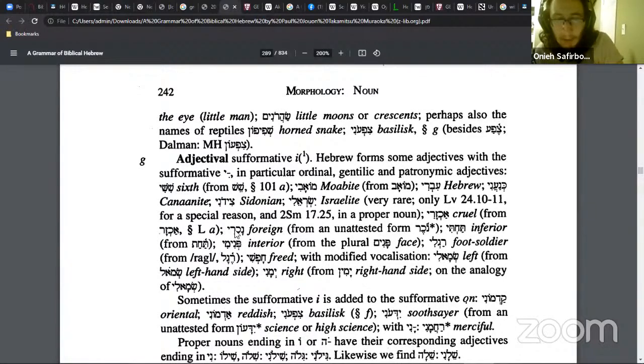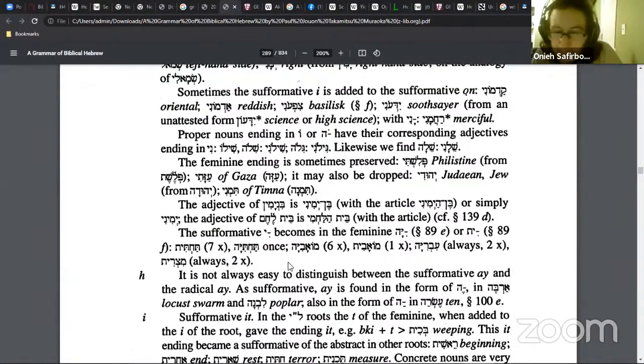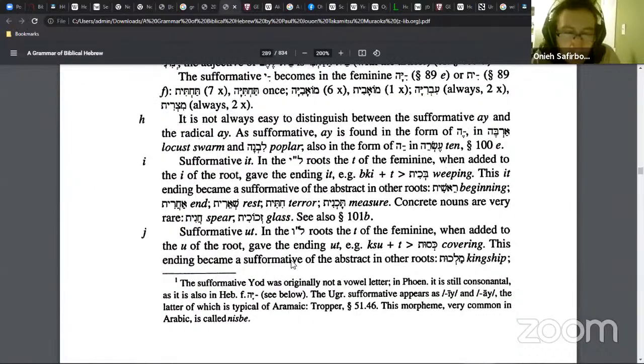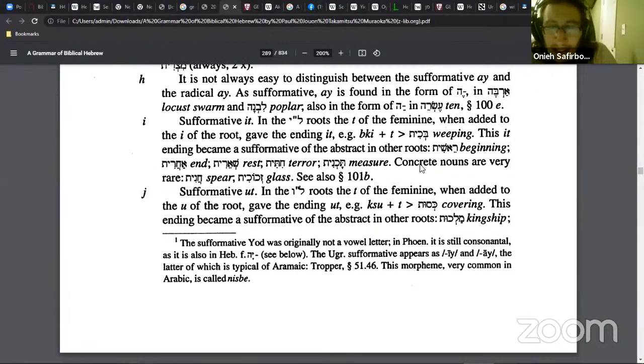Foreigner would be a foreignite. And some feminine nouns have an oat at the end as well. And there's eat, like beginning, berashit, rashit.